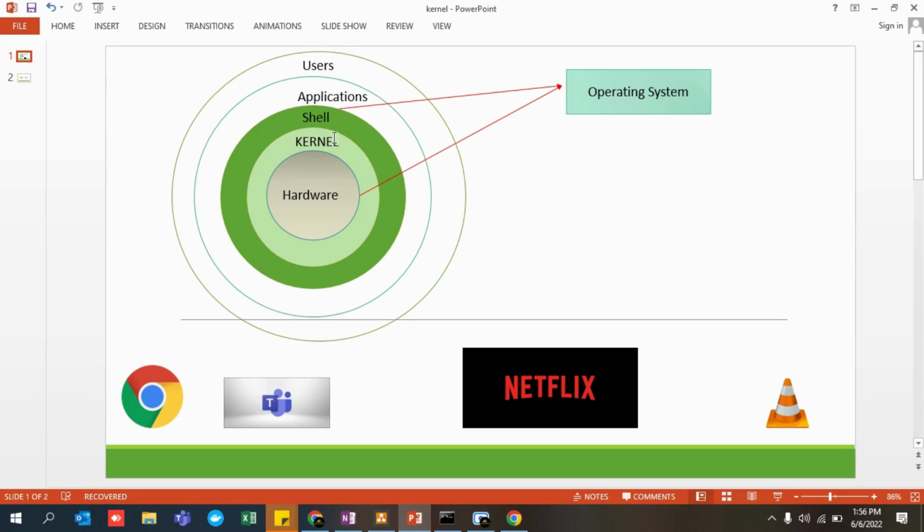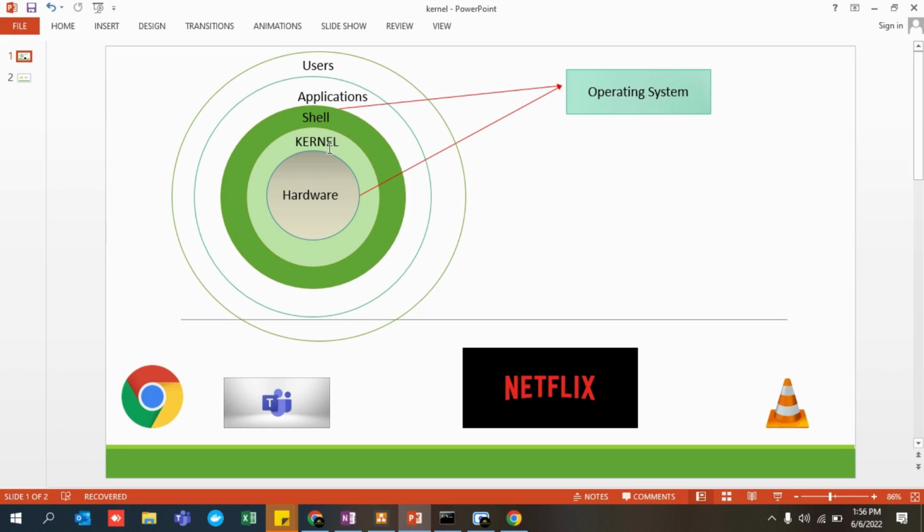All these things are closely monitored by the kernel. Kernel totally works in a secluded mode, which means it works in isolation. You cannot disturb the processes going on in the kernel. It is a very isolated part of the operating system.